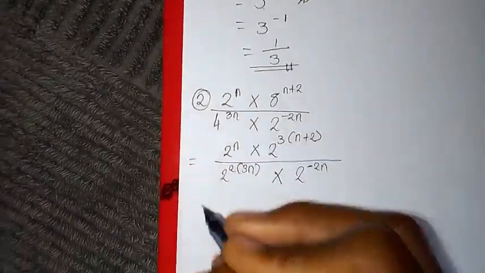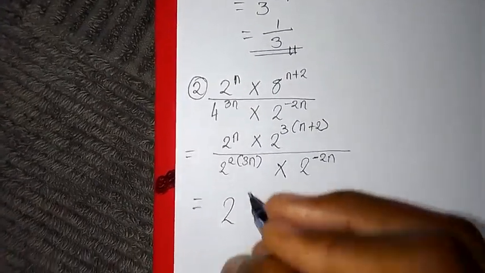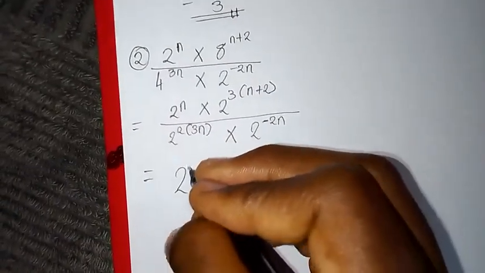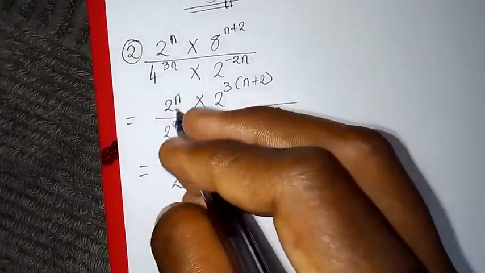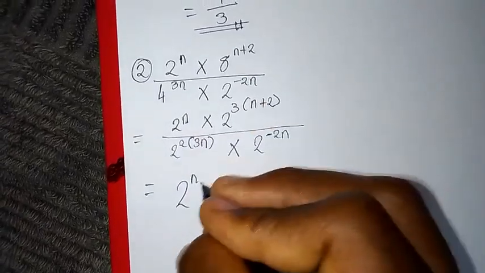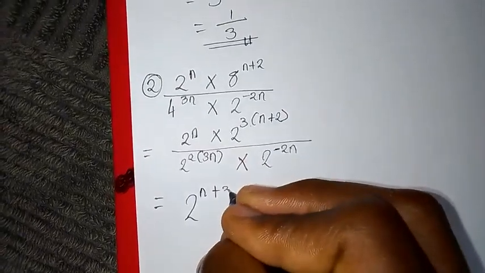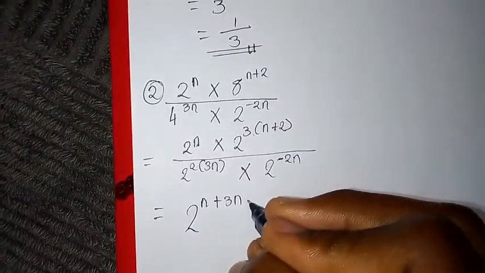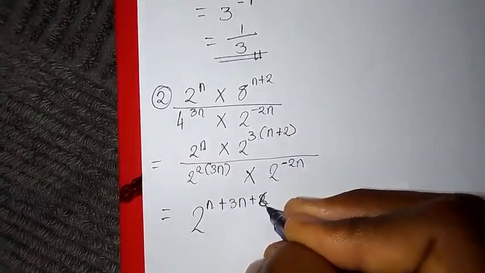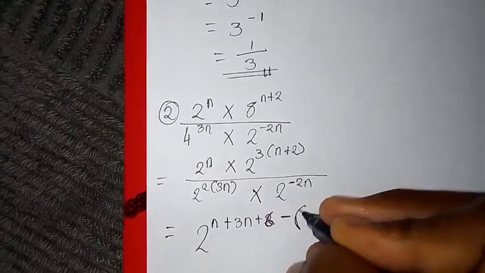So the next step is we add the powers. So here it's going to be n plus, when you distribute the 3, it's 3n plus 6 minus, you have to be careful.